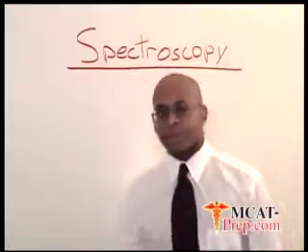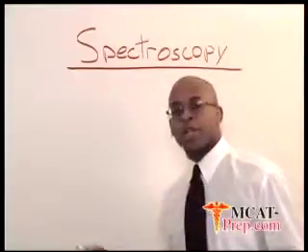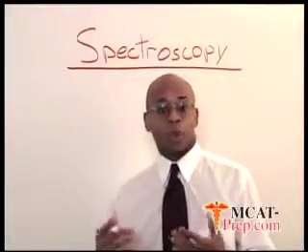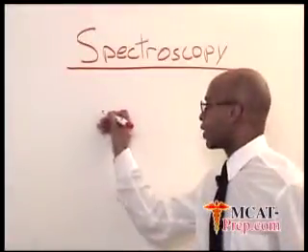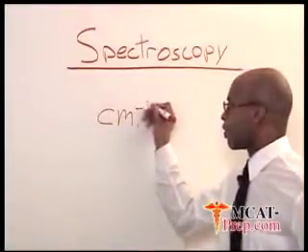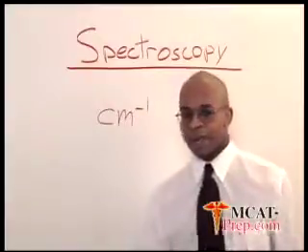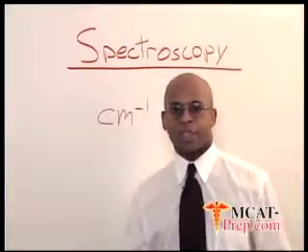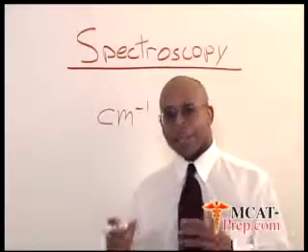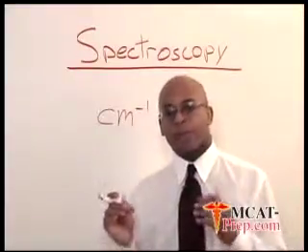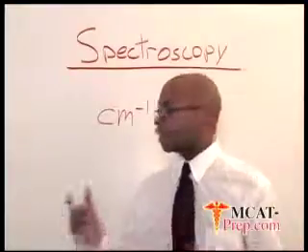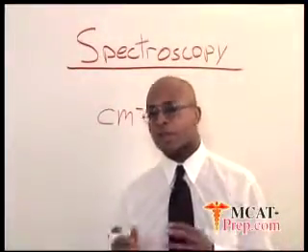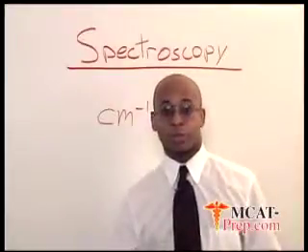And the units in which infrared spectroscopy is calculated are called the wave number, and the units are in centimeters to the -1. Now, if you look in the gold standard, chapter 14, you will find a list of many different functional groups and exactly what infrared spectroscopy values are associated with those functional groups.